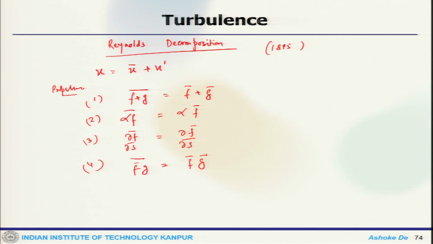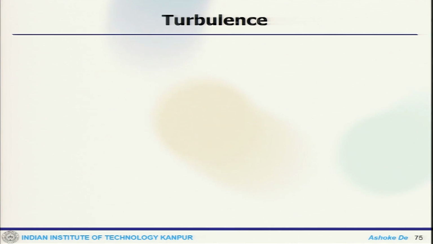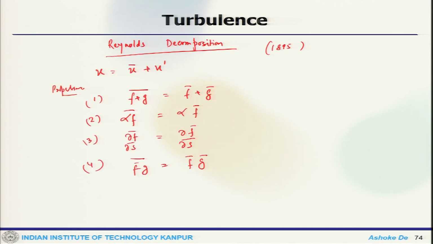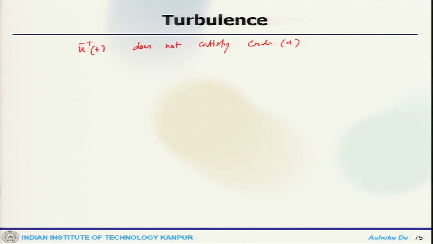So, these are some of the properties of the averaging operator. Now, if you look at time averaging, that is U prime T, it does not satisfy condition number 4 because of the doubling of the integral interval.